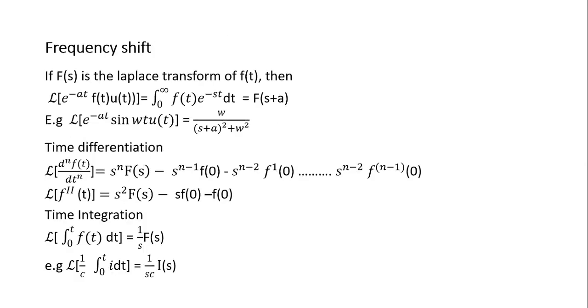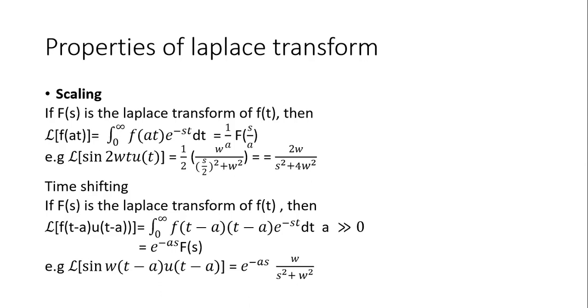So can we move now into the properties of the Laplace transform? What are these properties? Very simple. The first property here is scaling. Now, what do we mean here?